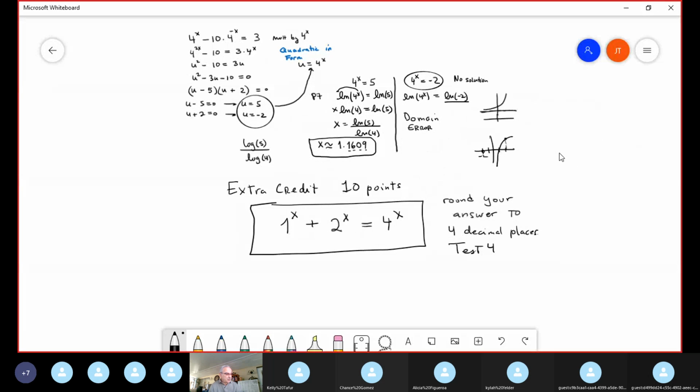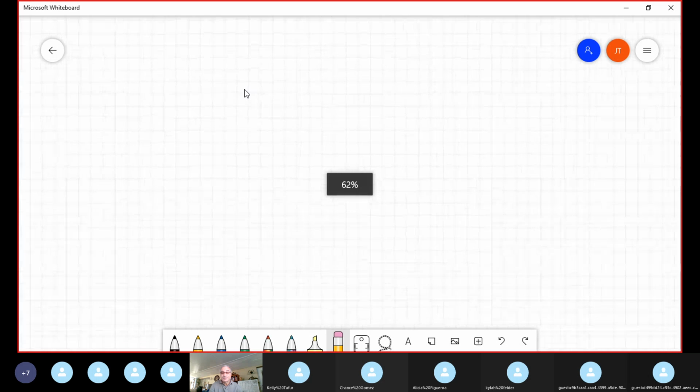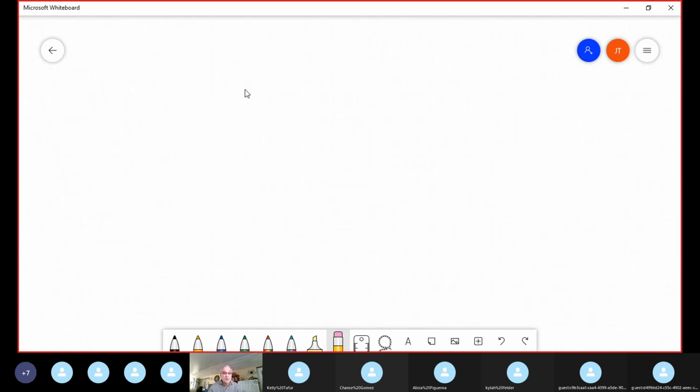Well, so let's change a little bit now. We study another similar thing, which is logarithmic equations. Wow, this is a little bit hard. Logarithmic equation. Okay, not exponential, logarithmic.